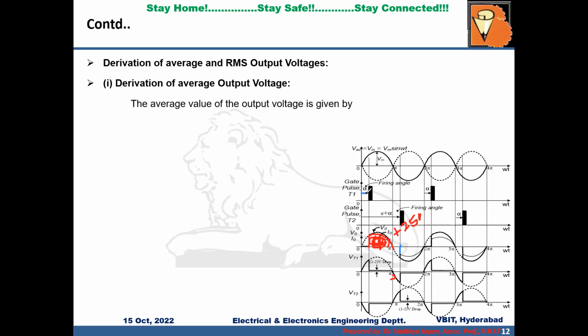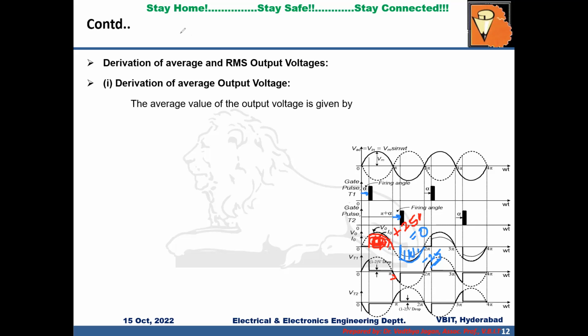So T1 is triggered at alpha, T2 is also triggered at alpha, right? So if I calculate the area under the negative half cycle, let us say it is again 25 volts, with a minus sign because it is a negative half cycle. So if I take the average, plus 25 minus 25 divided by 2, that will be 0. So graphically, I can say the average output voltage of the AC voltage controller is 0, right?